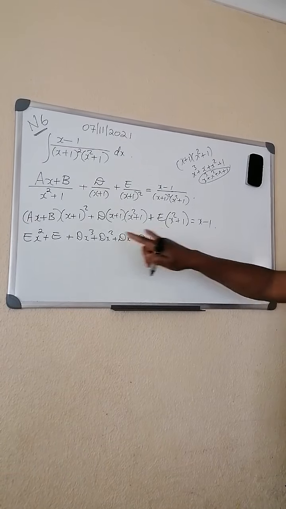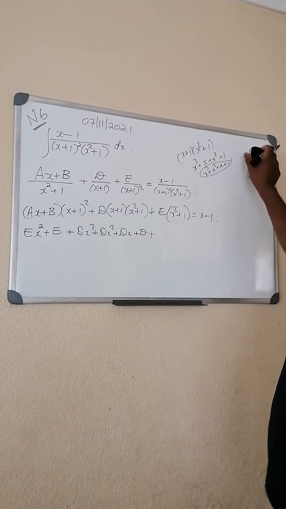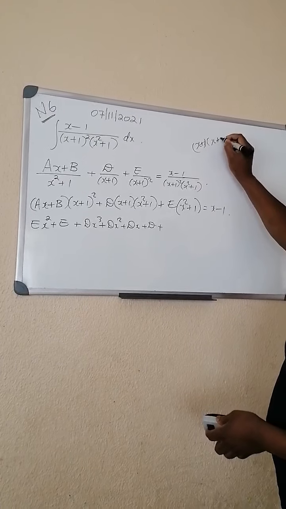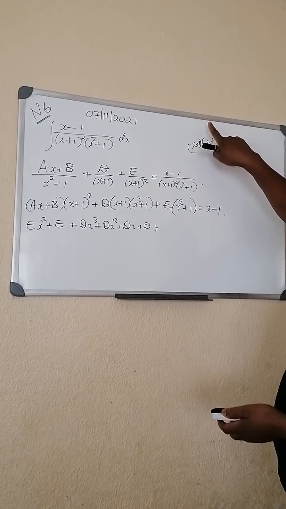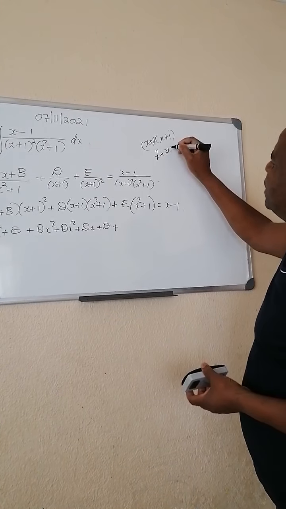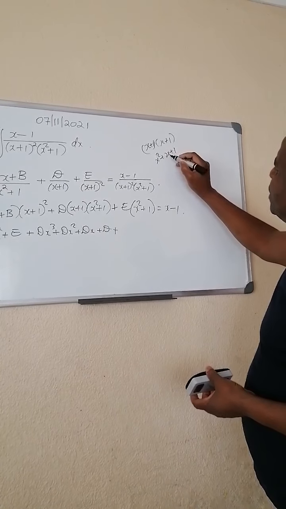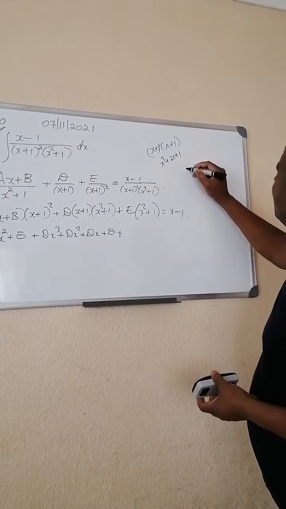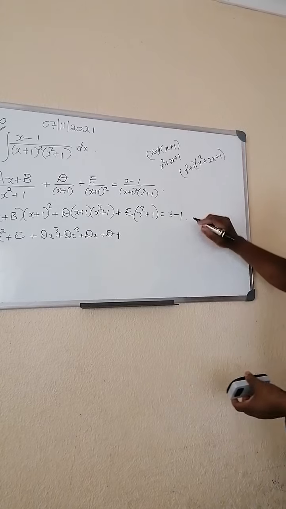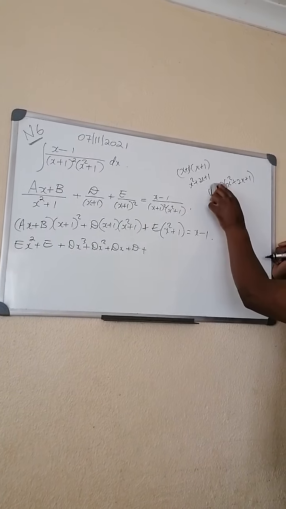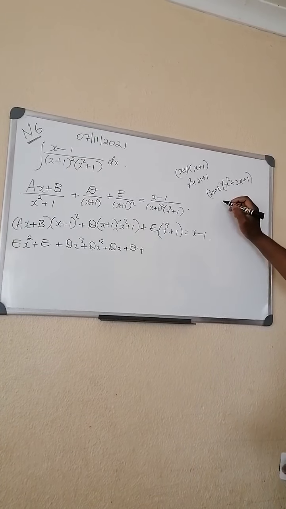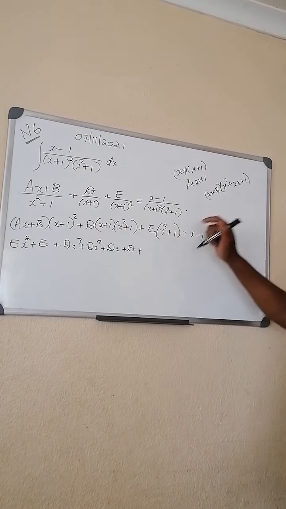Plus, now I need to go to the e part. The e part, I have x plus 1 as x plus 1 bracket squared. So here I've got x squared plus x, which is 2x plus 1. But now this x squared plus 2x plus 1 multiplies the ax plus b.